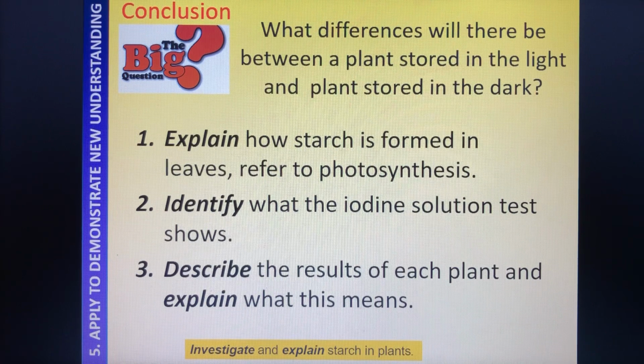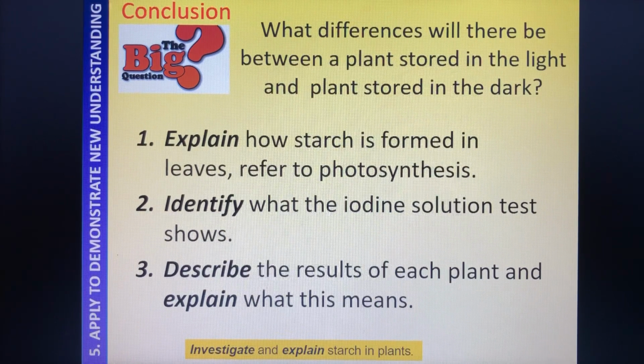We're then going to identify what the iodine solution test shows us. So in that we're going to identify the colours and what that tells us about whether there's starch or no starch, and that's for both the original colour of the iodine solution and the colour change. Okay, again, full sentence answers.